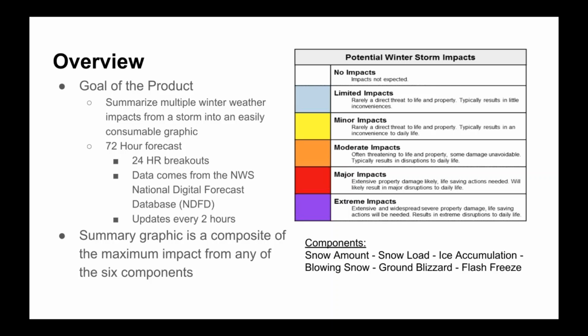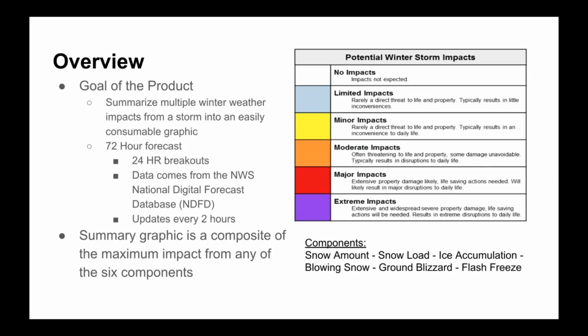As Dan talked about earlier, I found that very interesting: labeling not only a 1 through 5 alert system, but then pairing it with a color. That's what we're currently doing with the WSSI, ranging from the light blue limited impacts all the way up to the purple extreme impacts. And those impacts are going to categorize the 6 components of the WSSI, which are snow amount, snow load, ice accumulation, blowing snow, ground blizzard, and flash freeze.